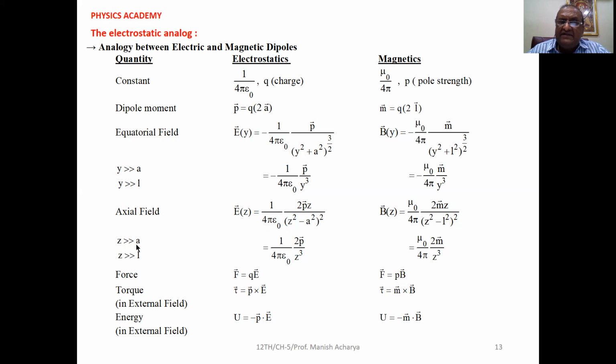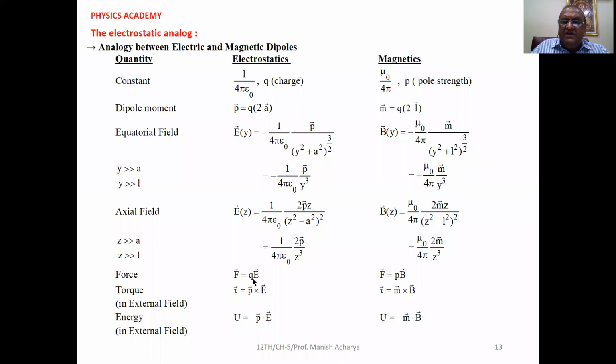If we take Z very much greater than A, then the electric field is 1 upon 4 pi epsilon 0 2p upon Z cube. And if we take Z very much greater than L, then the magnetic field on the axis of the magnetic dipole is mu 0 upon 4 pi 2m upon Z cube.